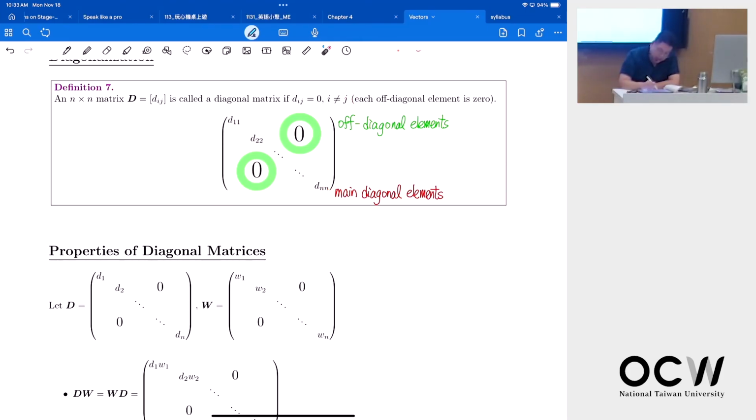I only have values in the main diagonal elements. Others will be all zeros.